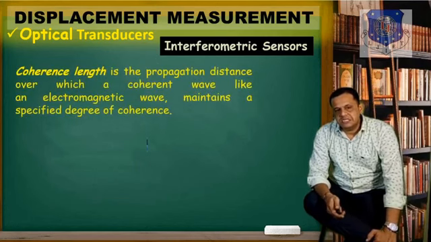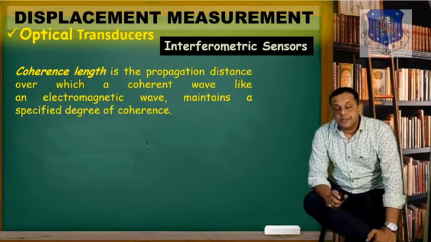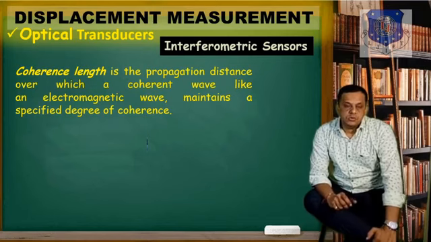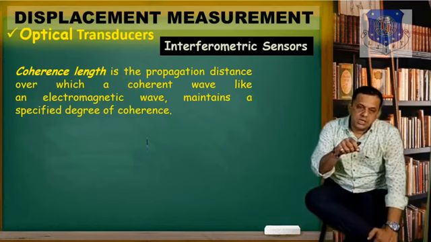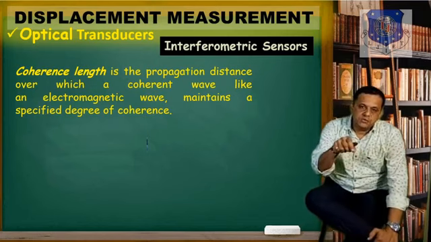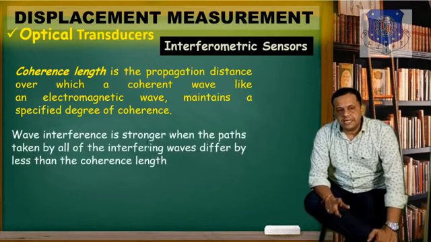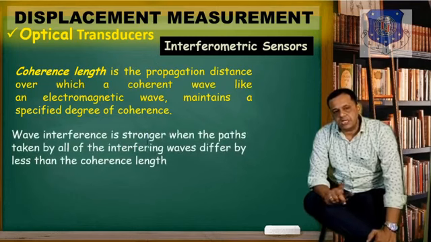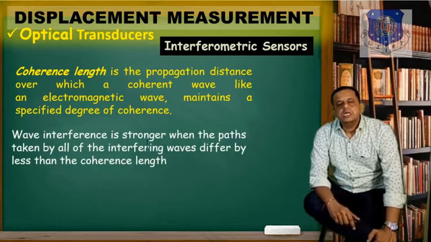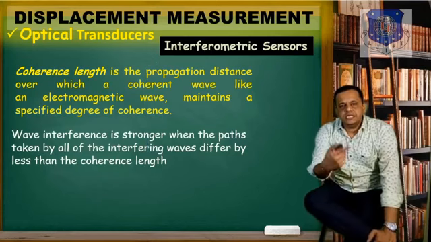Coherence length is the propagation distance over which a coherent wave, let's say an electromagnetic wave, maintains a specified degree of coherence. And here we will be talking about the interference of the waves. That's why the name interferometric sensor has come.